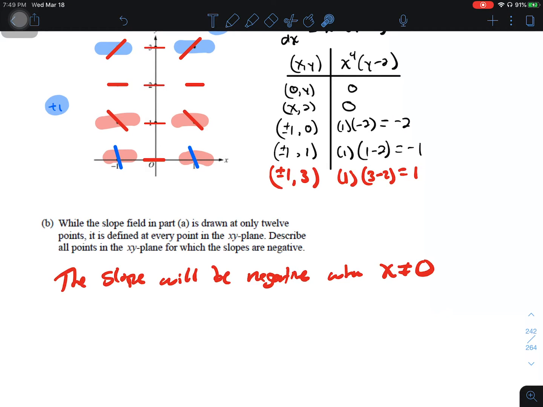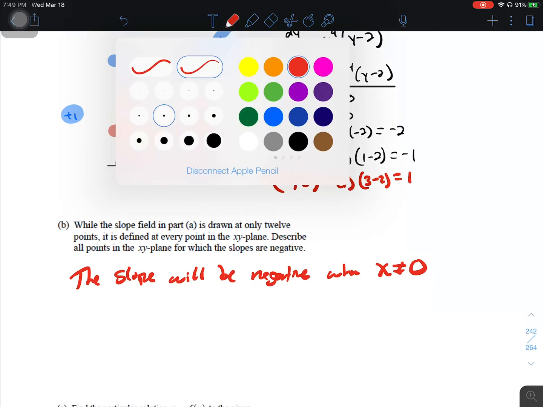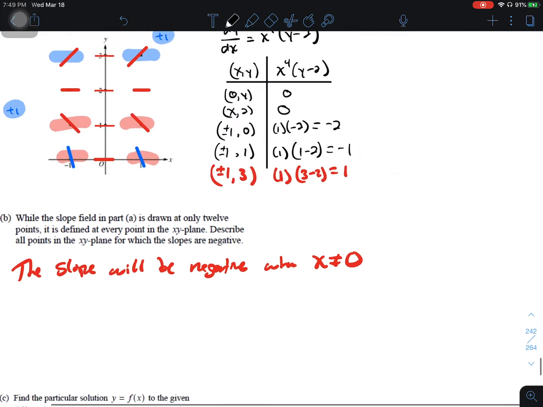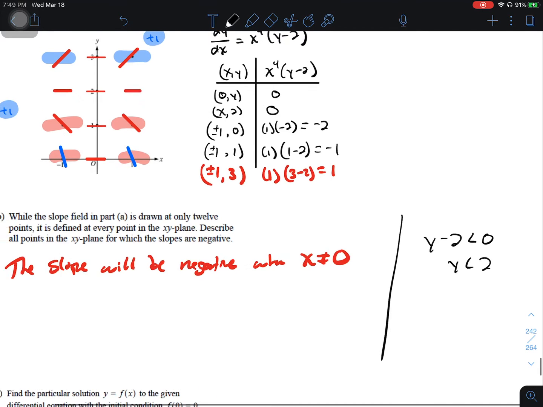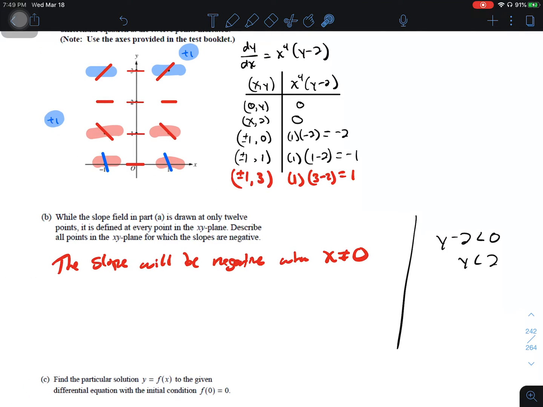What y values are going to make the slope negative? Well, if we wanted to show a little bit of algebra, we want y minus 2 to be negative, so we would say y is less than 2. And if you look at our graph, that's true. Every time we're below 2, the slopes are negative. It's just going to continue. If I put in -3, -4, -5, -6, it's just going to become a bigger negative number.